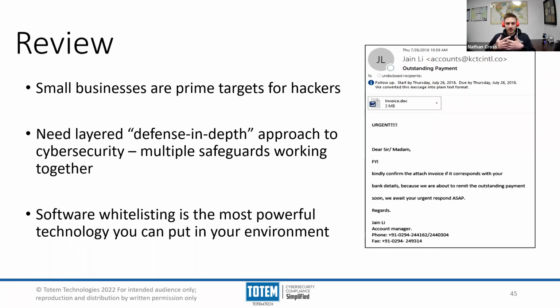With these safeguards working together, we are able to lower our cybersecurity risk, because in the event that one safeguard does not work in preventing a given threat, another one is able to step in and take its place.